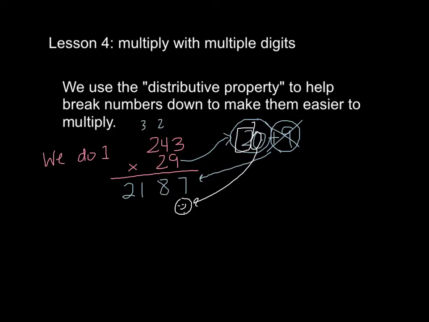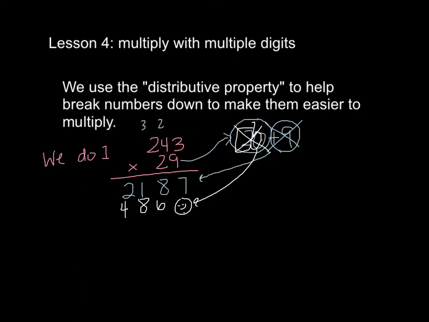So 2 times 3 is 6. That was easy. And 2 times 4 is 8. And 2 times 2 is 4. And that's done now too. And so I've done 9 times 243. Then I did 20 times 243.